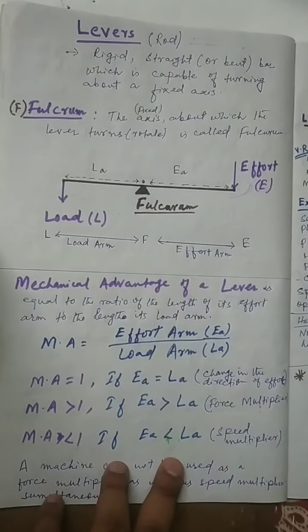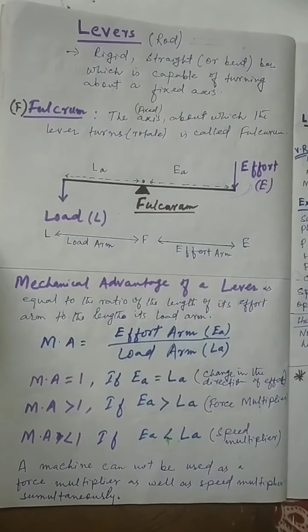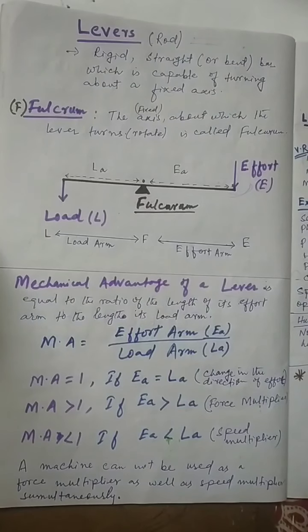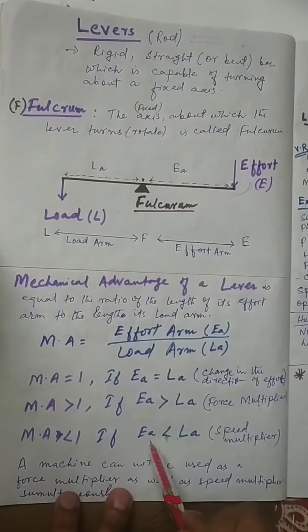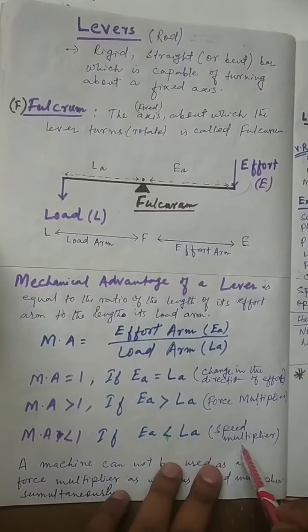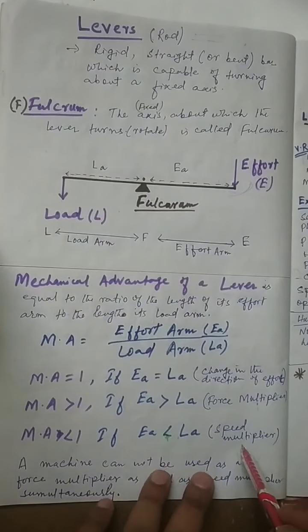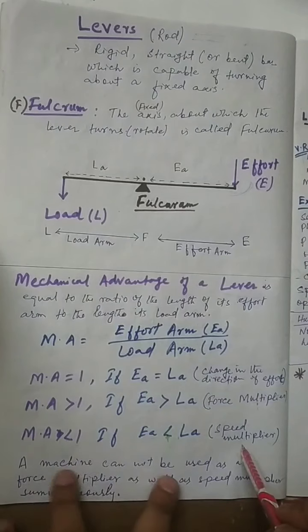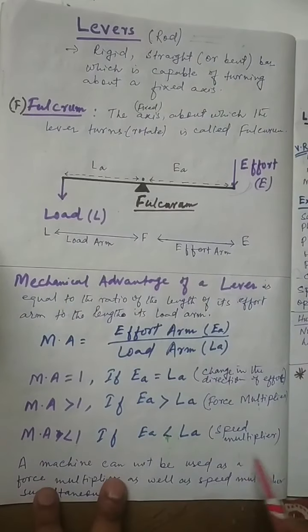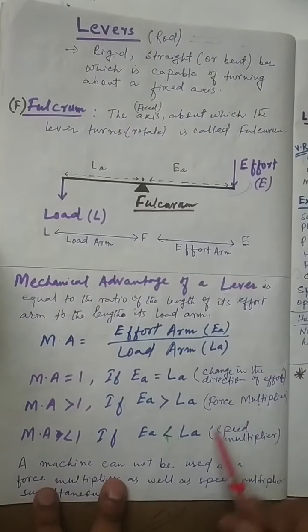That is the force multiplier. Speed multiplier means that we can save our time, or we can do our work faster.